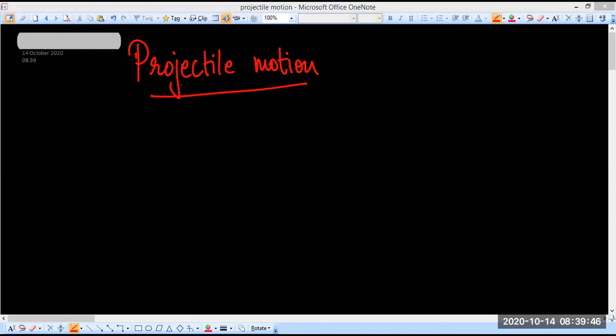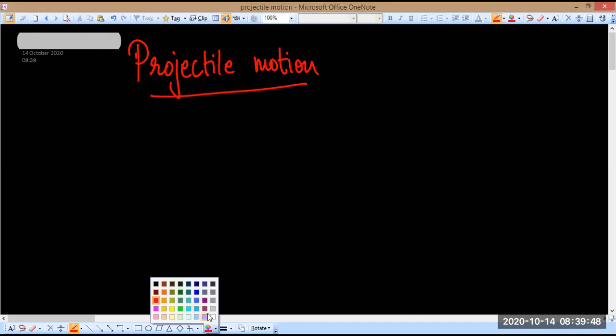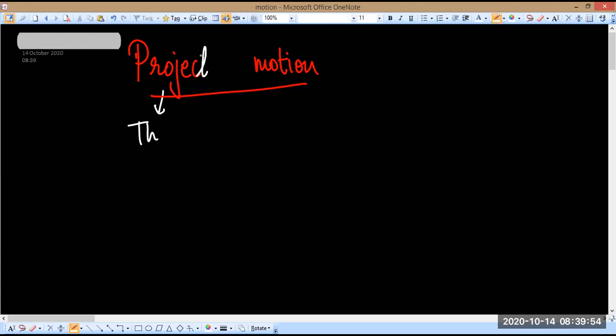Okay, so what is, first of all, once again, I think I may have told it earlier, but projectile, project means to throw. Actually the word project means to throw, right? That actually reminds me that there are so many such words in the English language, isn't it?